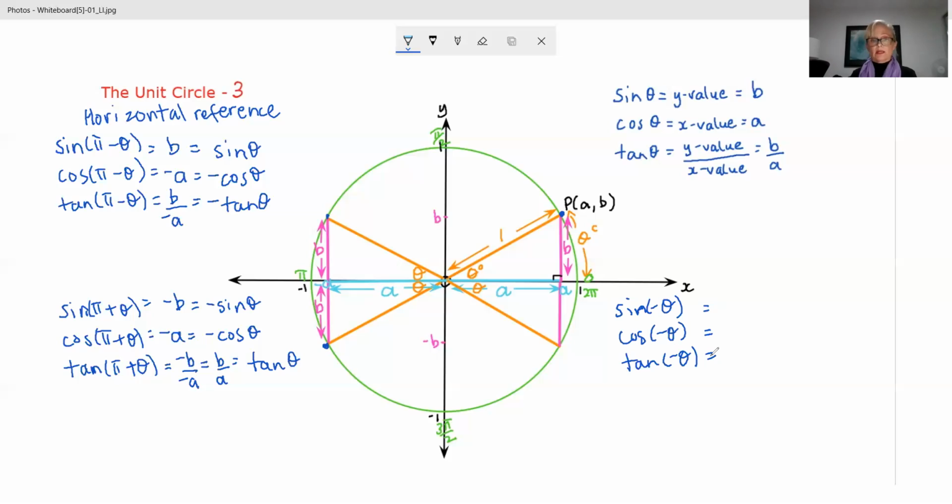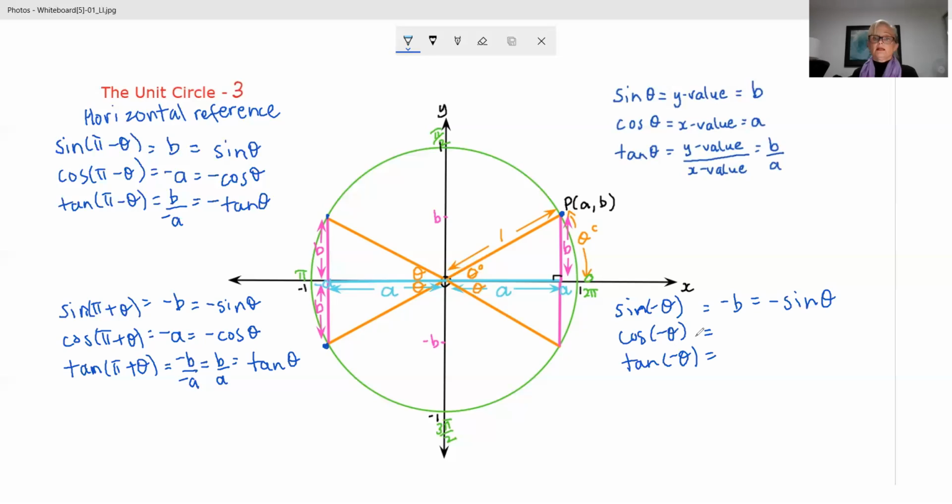So normally we go around anti-clockwise. If you go clockwise, that counts as a negative angle. All right, sine here is negative b, which is the same as this, but it's negative, so negative sine theta. So sine of negative theta is negative sine theta.